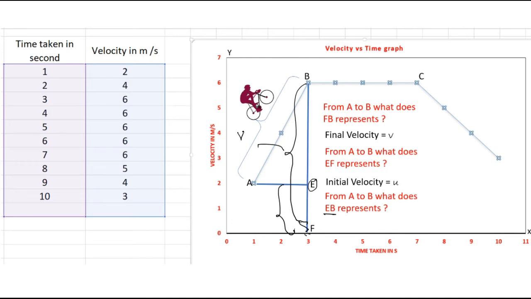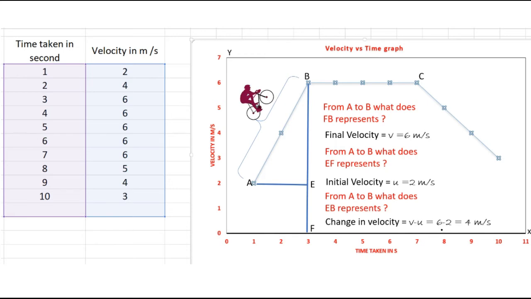It is the final velocity, and EF is the initial velocity. So from here to here, it is v minus u. So that represents v minus u. The change in velocity will be v minus u, which is equal to 4 meter per second. This much we have studied.